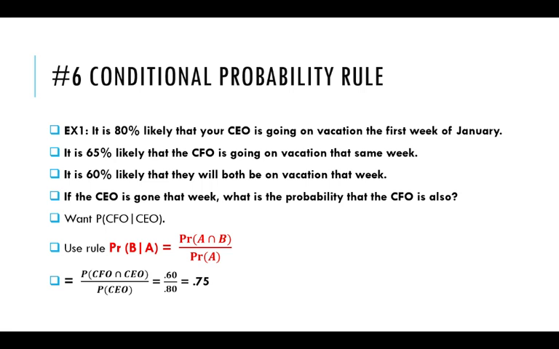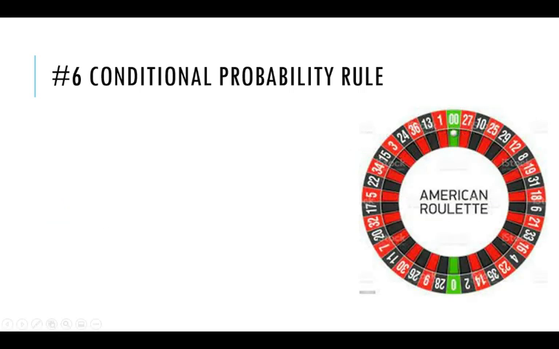So the probability of B given A is 0.75. The probability that the CEO is gone, rather that the CFO is gone, given that the CEO is gone, is 0.75. All right, let's do another example.